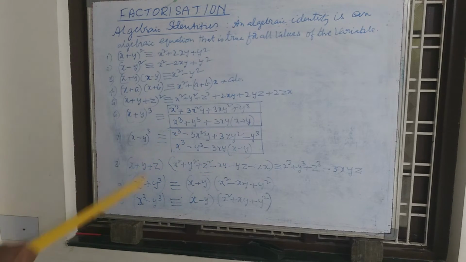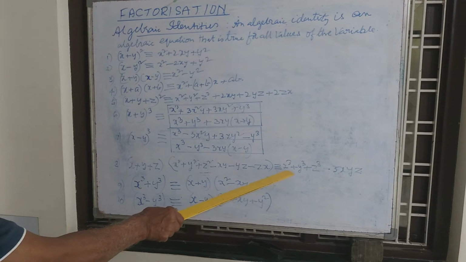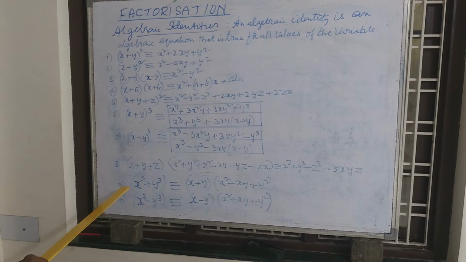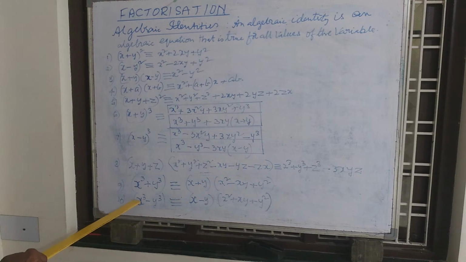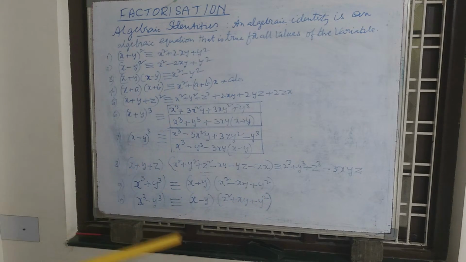There are two answers here. x plus y plus z into x square plus y square plus z square minus xy minus yz minus zx is identically equal to x cube plus y cube plus z cube minus 3xyz. x cube plus y cube is equal to x plus y into x square minus xy plus y square. x cube minus y cube is identically equal to x minus y into x square plus xy plus y square. These are the algebraic identities useful in finding the factors of a given polynomial.